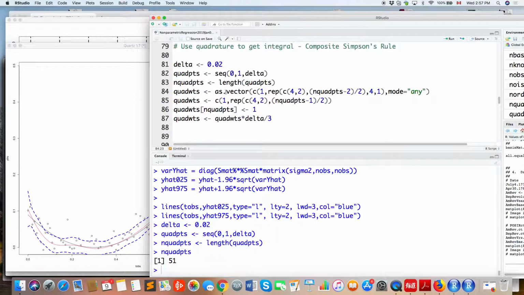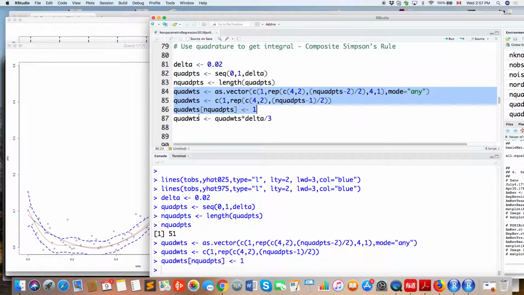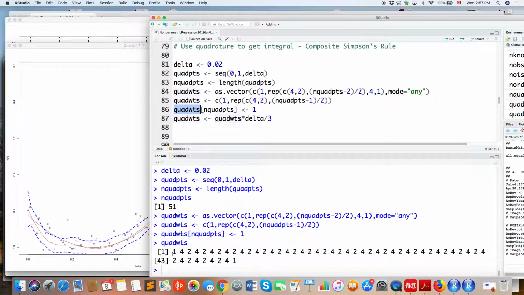I generated these weights with this code, and you can read it more carefully after class. Here you can see it's 1, 4, 2, 4, 2 until 4, 1, and then you multiply by delta h divided by 3.